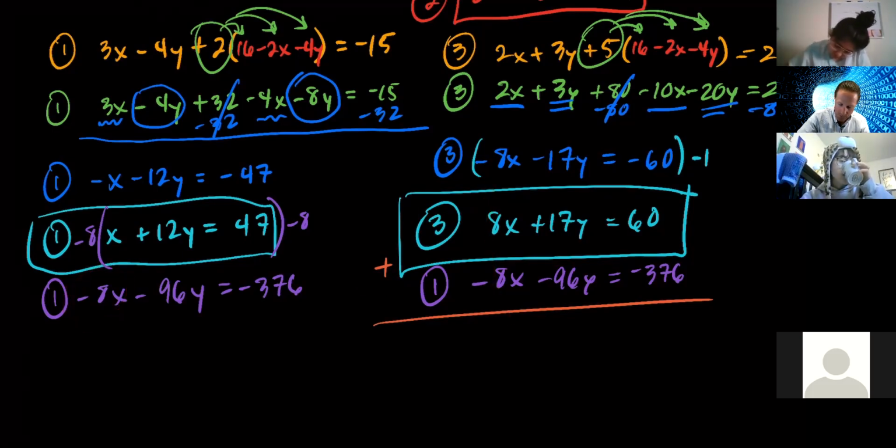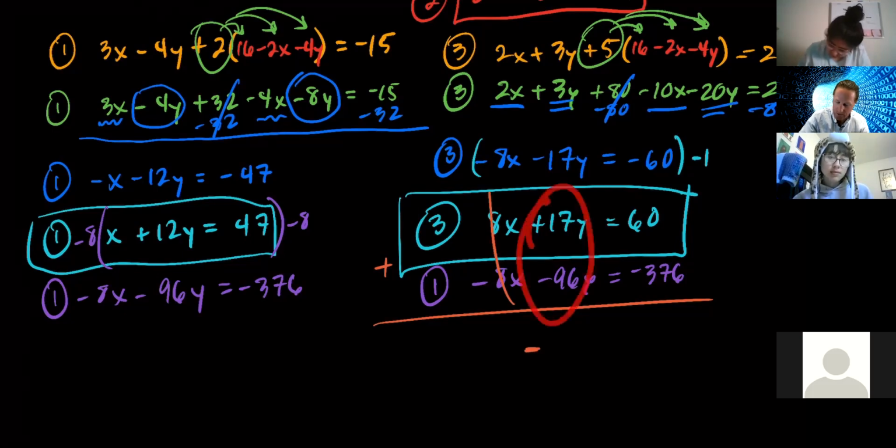All right, so that will eliminate those, and -96 is definitely going to win that battle, so it's going to be negative. So I'm just going to find the difference between 96 and 17, which would be what? See Brianna using her calculator. 96 minus 16 would be really nice, right?